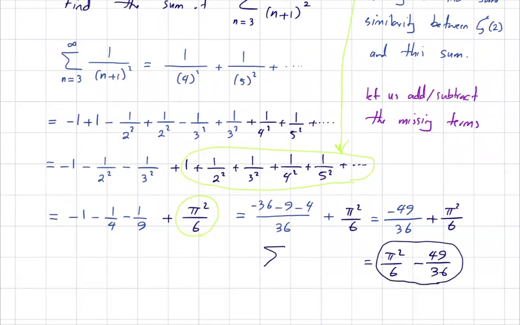So the summation of 1 divided by (n plus 1) to the power 2, n starts from 3 to infinity, is equal to pi squared divided by 6 minus 49 over 36.